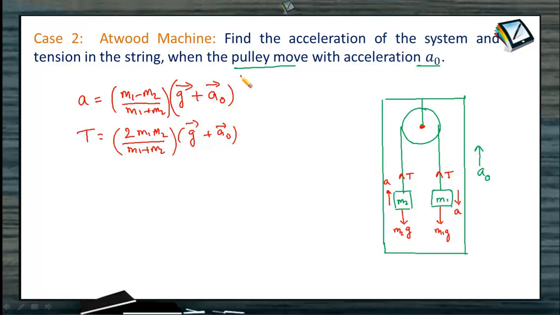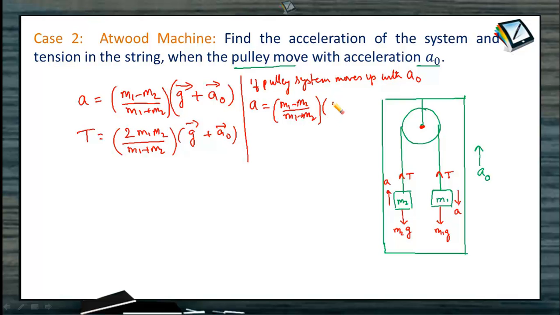For example, if the pulley system moves up with acceleration A0, then the acceleration of each mass will be M1 minus M2 by M1 plus M2 into G vector.